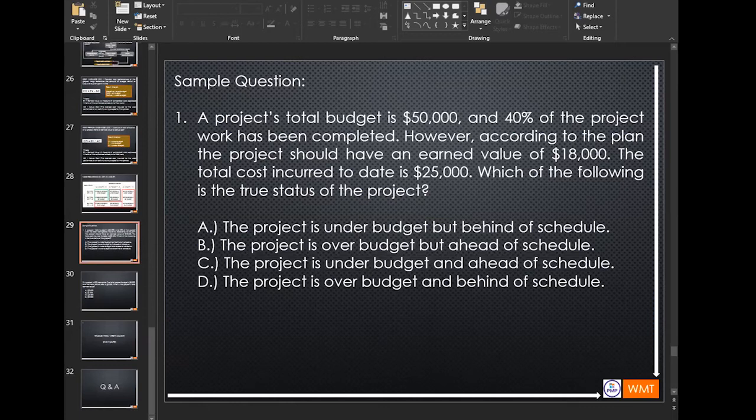Mat na ito, sir, no? Mat na pala ito. Basta cost estimate, may mat na. Plus 18 is 43.